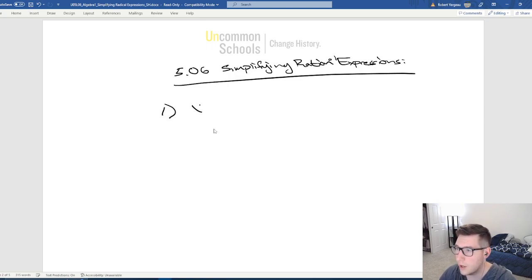If I have x to the m over n, this is really the nth root of x to the m. So again, denominator, index, numerator, power, base, radicand.